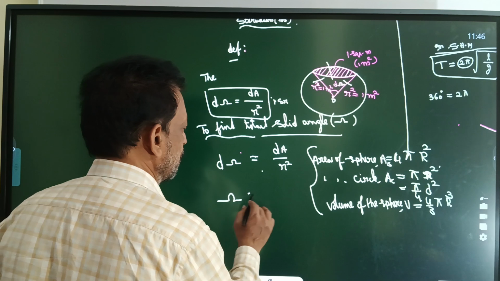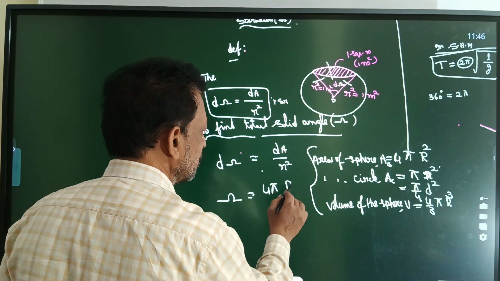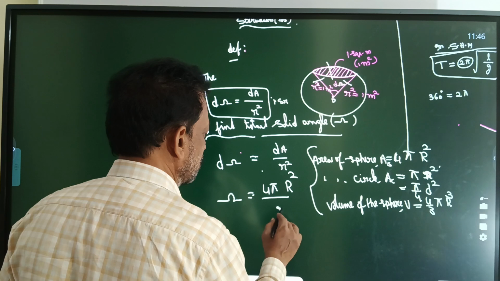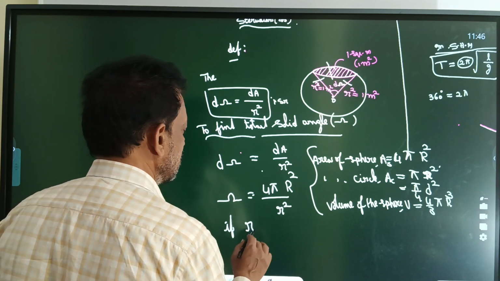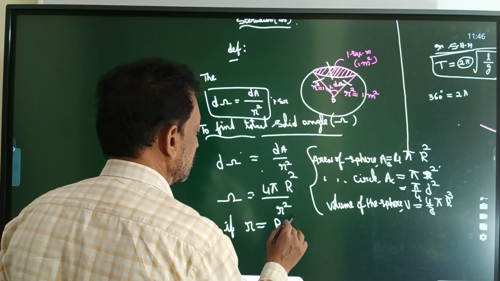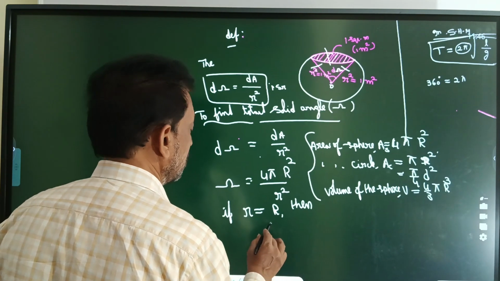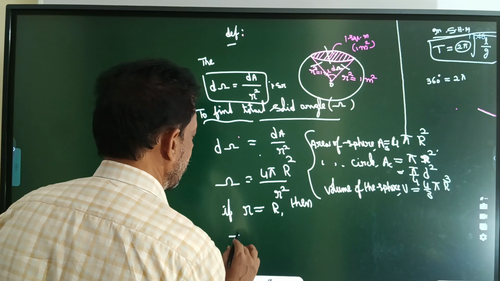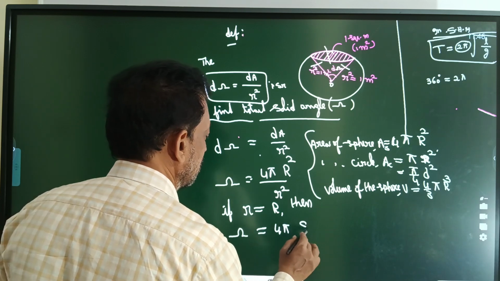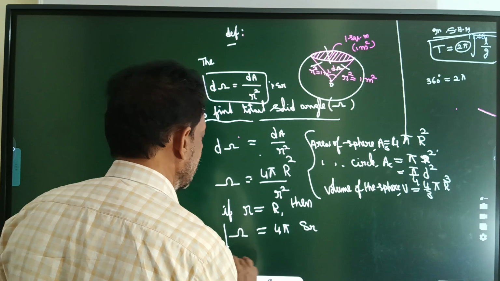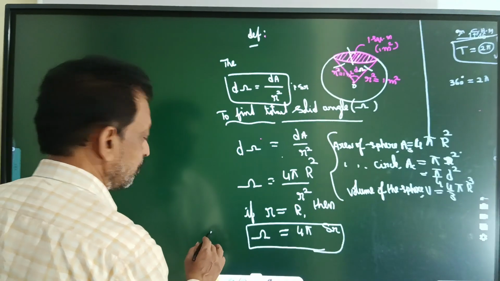So d omega is equal to total area 4 pi R square by small r square. Suppose if R is equal to r, then what is going to happen? Then total angle omega is equal to 4 pi steradian.